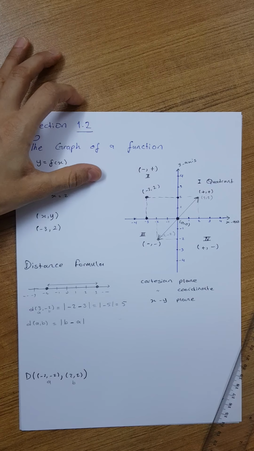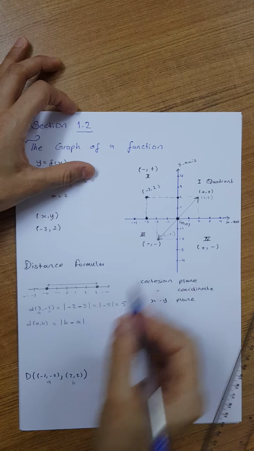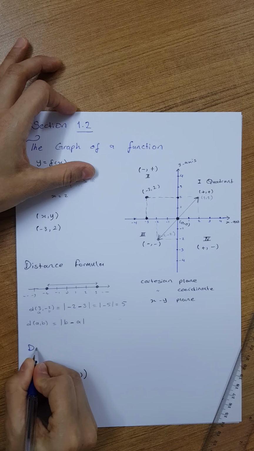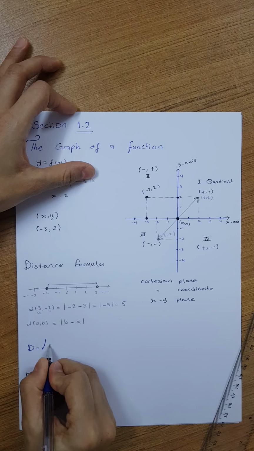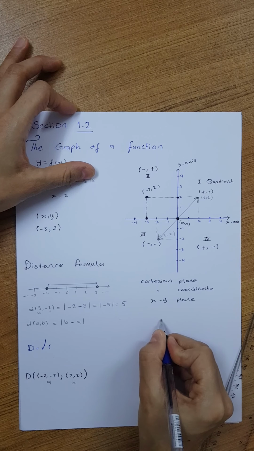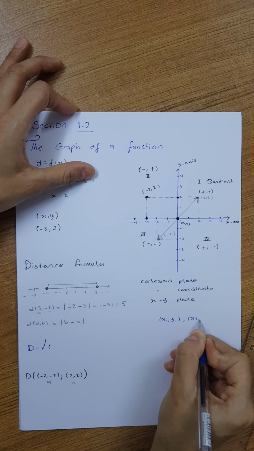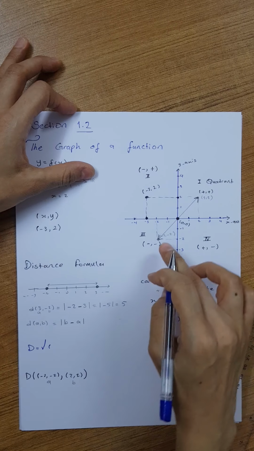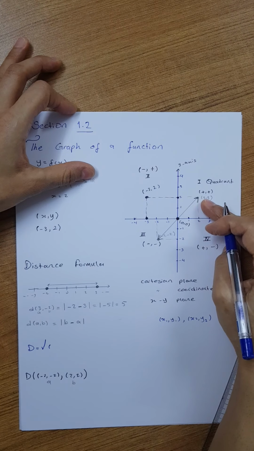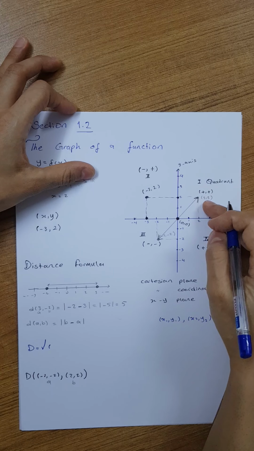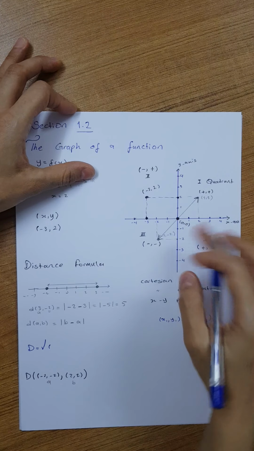How do we find that distance? I have got a distance formula for Cartesian coordinate. I will say that if I have got 2 points, x1, y1, and x2, y2, or you can say this one is x1, y1, that one is x2, y2. It doesn't make a difference.